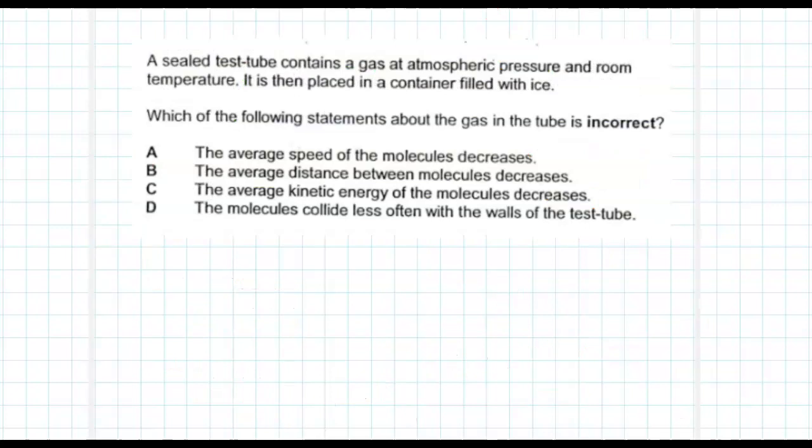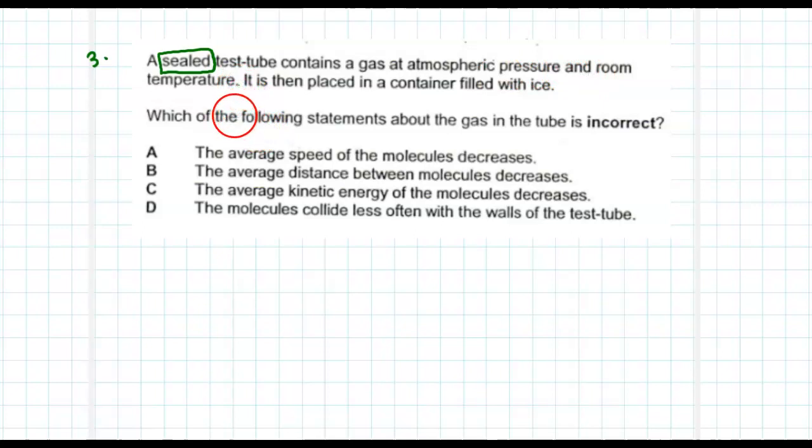So here is question number 3. A sealed test tube contains a gas. Here a test tube is sealed, which means the gas inside the test tube is constant, no gas escapes or gets in, and it is at atmospheric pressure and room temperature also.